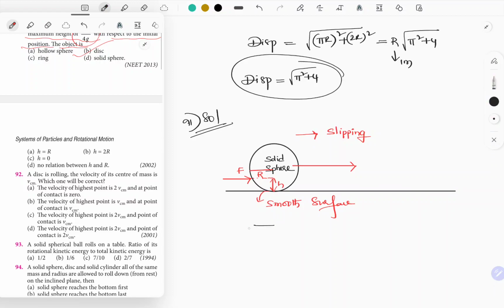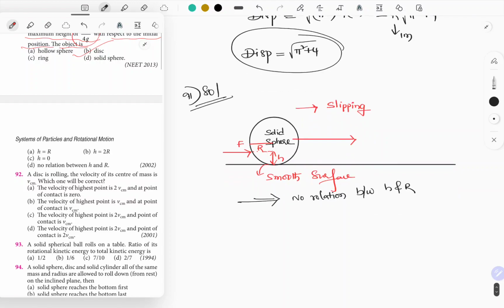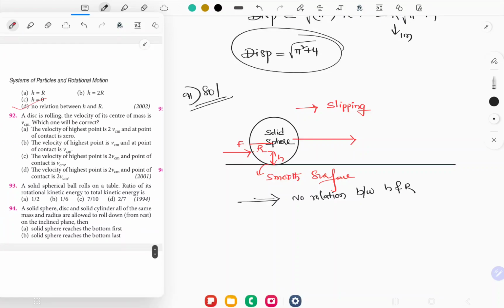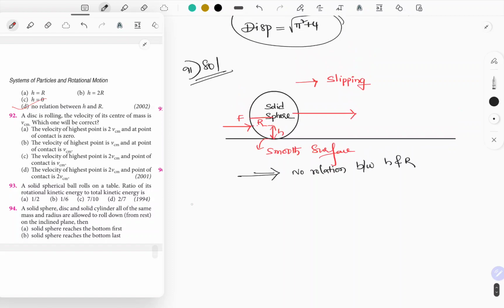That's why there is no relation between h and R. The reason is it's a smooth surface, the object has only translational motion, so wherever you apply force, the object will have maximum acceleration. Option D is correct.